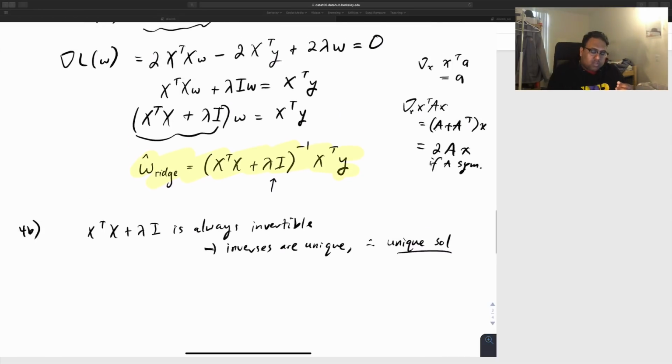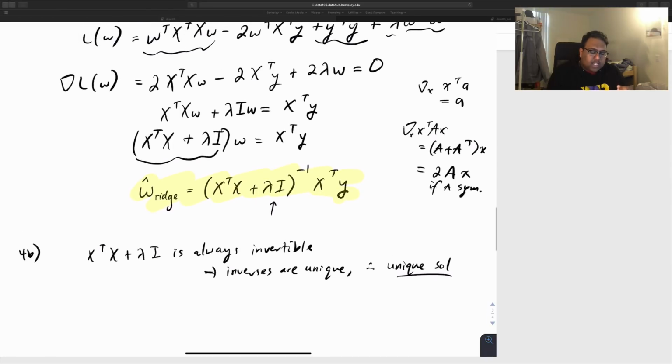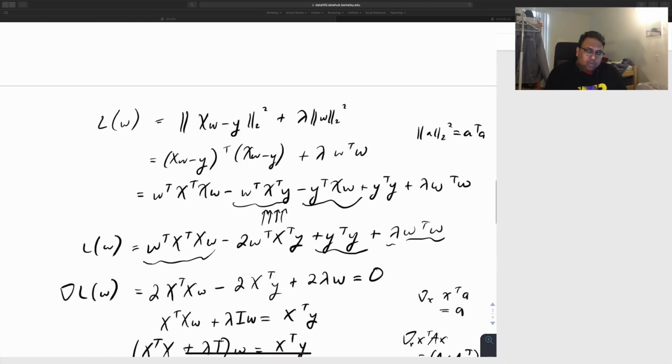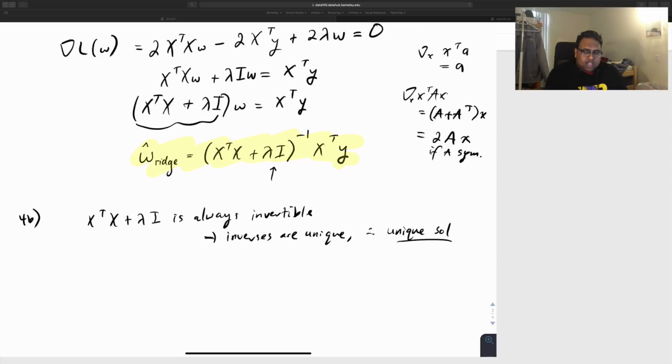And now, what are some pros and cons? Again, the pro, as I mentioned before, is that adding this plus lambda I term decreases model complexity, which makes our model more general, and it will generalize better to unseen data. But one of the cons is that it'll increase our training error, because we're making our model more general.